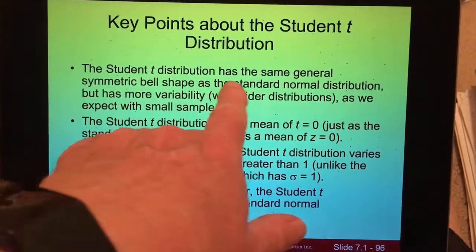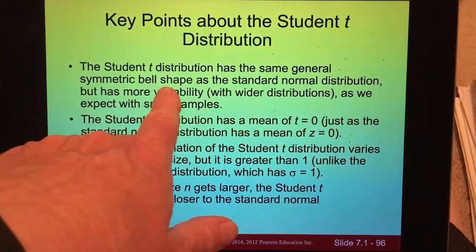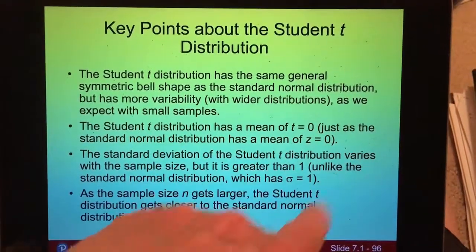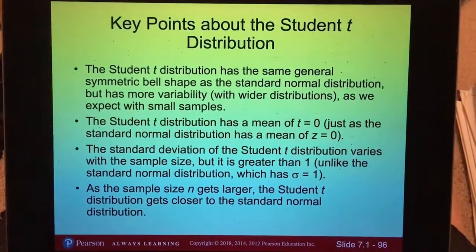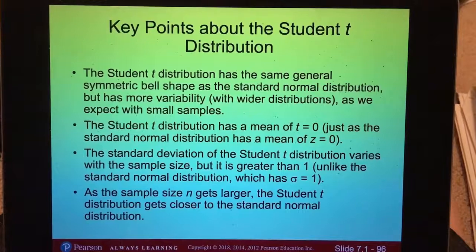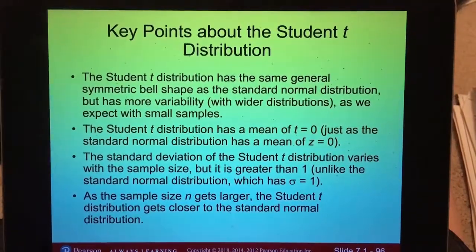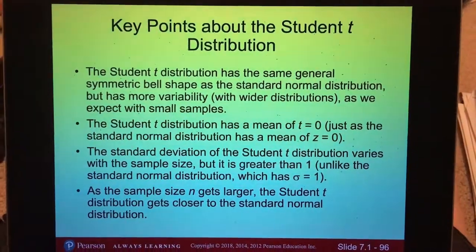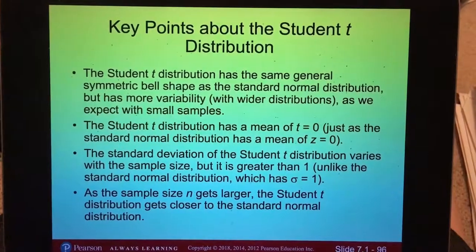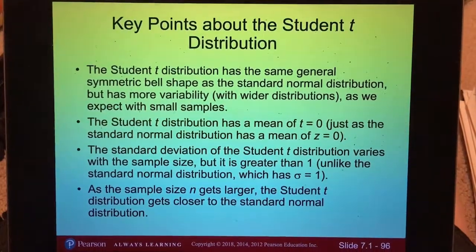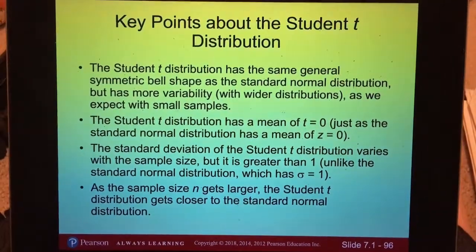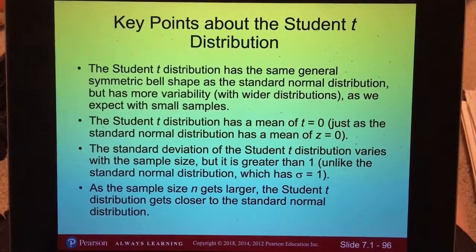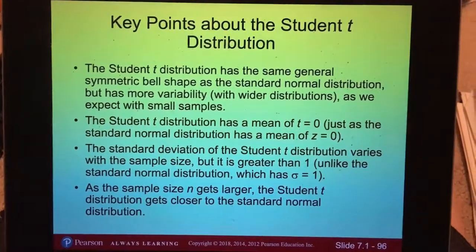The student t-distribution has the same general symmetric bell shape as the standard normal distribution, which you just saw. It has more variability with wider distributions, and we expect that with small samples. The student t-distribution has a mean of t equal to 0, just as the standard normal distribution has a mean of z equals 0.